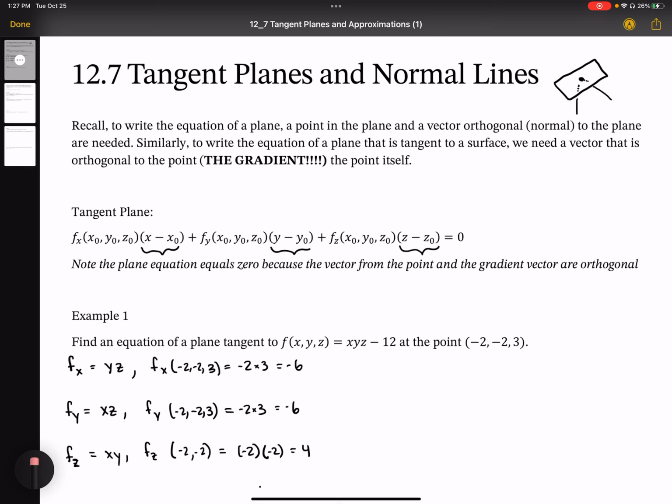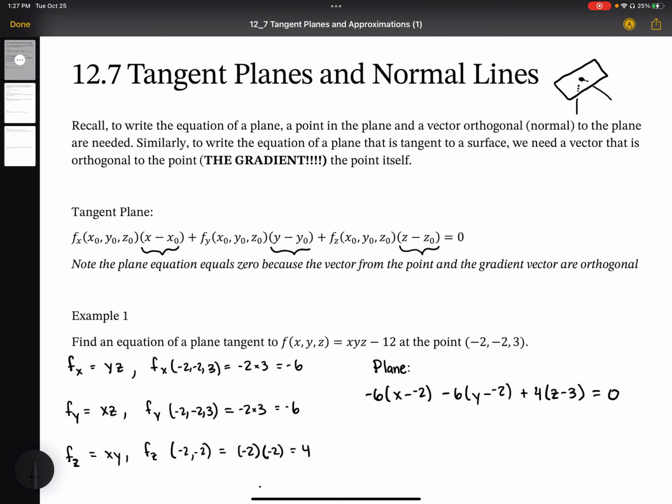So the equation of our plane we'll put over here. We'll say for the plane, we get -6 times (x minus -2), minus 6 times (y minus -2), plus 4 times (z minus 3) equals 0.